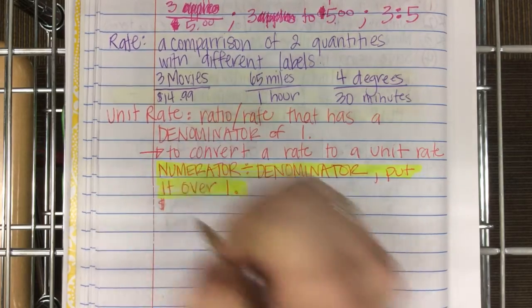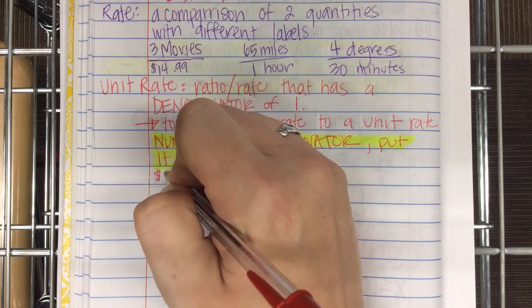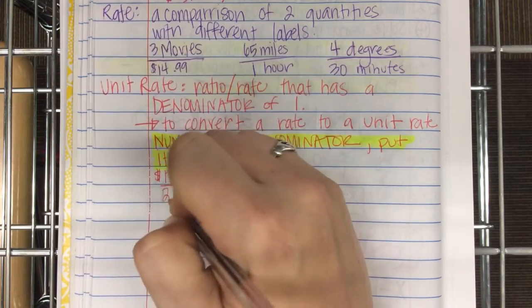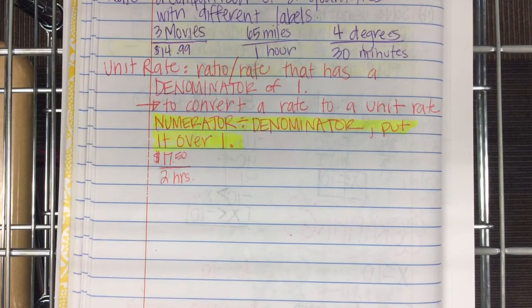All right, so here's an example. Max made $17.50 for 2 hours. I want to make it a unit rate. So what am I going to do to make it a unit rate, $17.50 in 2 hours? What am I going to do, Autumn?